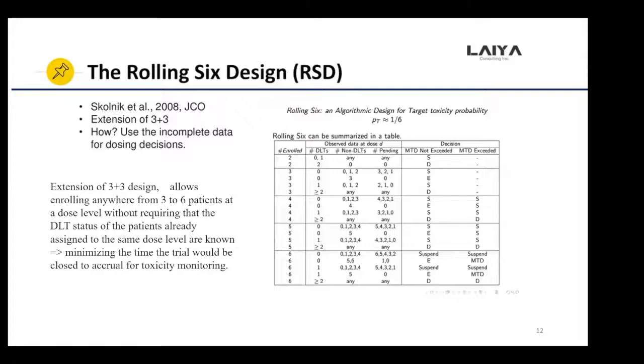Okay. So usually, if you have 3 patients and you already have 2 DLTs, you know right away you need to de-escalate. You don't have to wait for data from the 4th or 5th patient; you de-escalate right away.